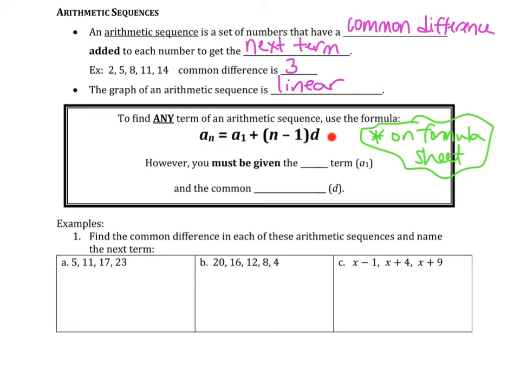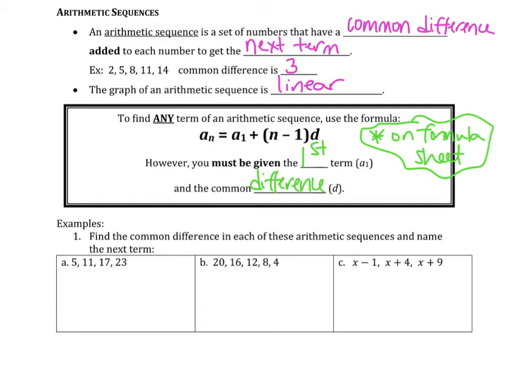So that's the general formula for any arithmetic sequence. In order to write a formula, you have to be given the first term, which of course is a sub 1, and the common difference.